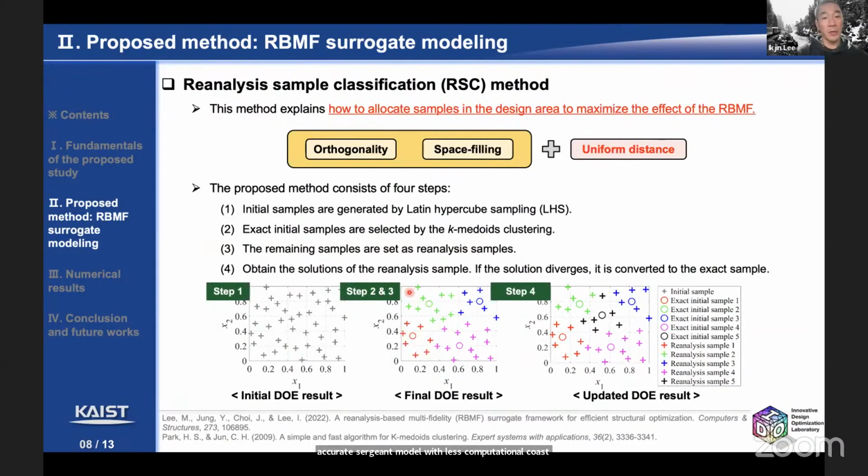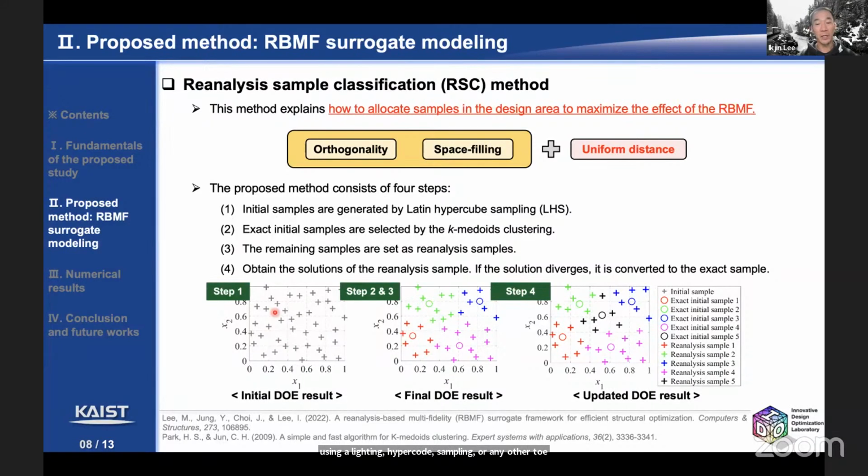And for that, we need to propose sub-strategies. The first one is called the reanalysis sample classification method. First, we generate samples using Latin hypercube sampling or any other DOE method.